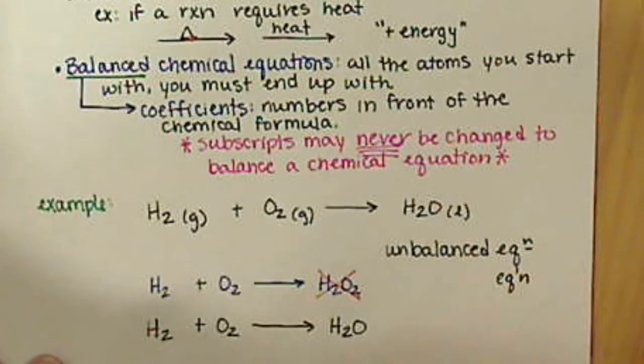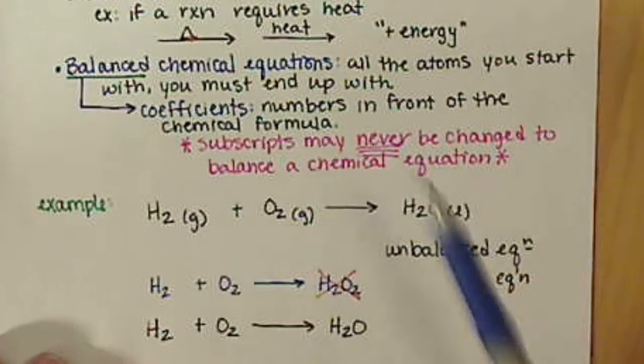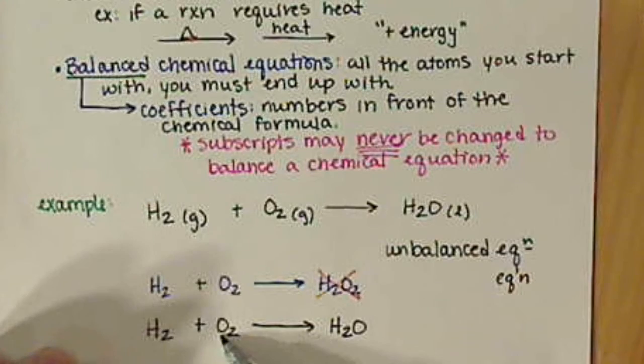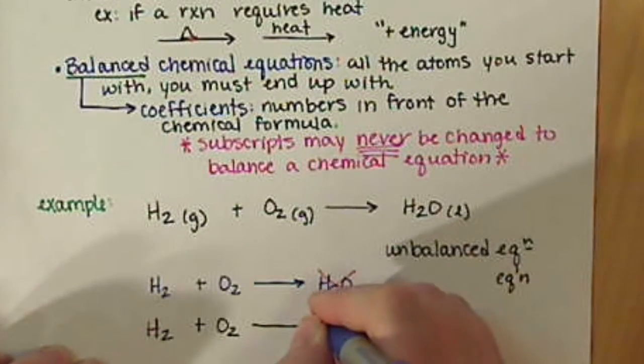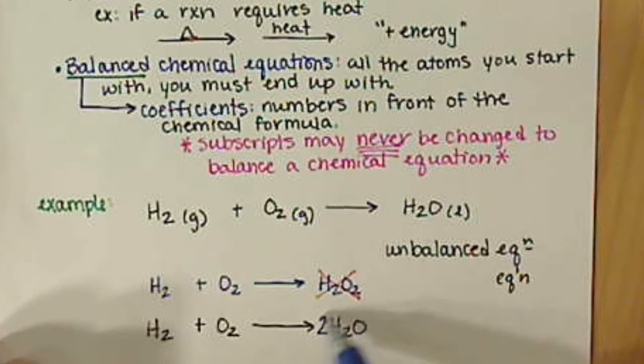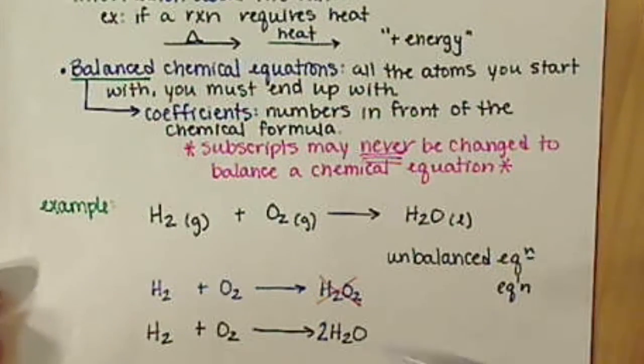So what we can do is, remember, we can add coefficients. If we start off with 2 oxygen atoms and we need to end up with 2 oxygen atoms, we can stick a 2 out in front. And what this means now is we're going to form 2 molecules of water. And that will give us our 2 oxygens.